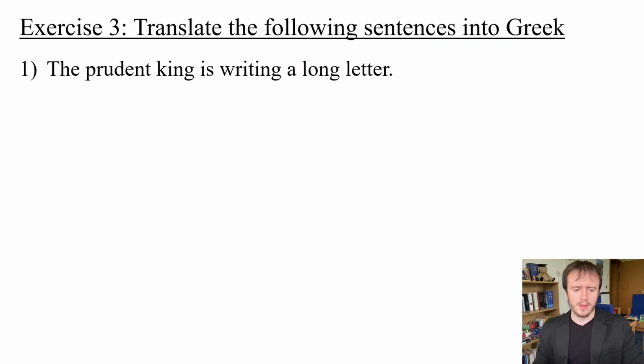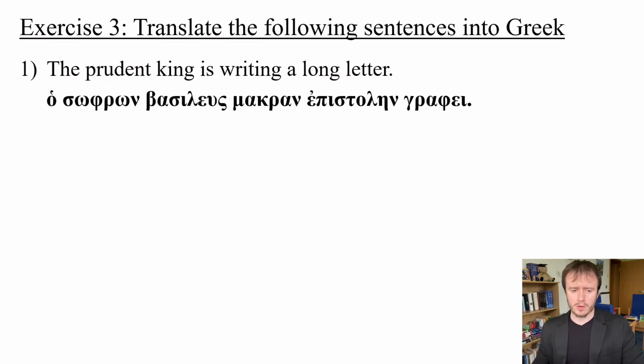Okay, the first one is, the prudent king is writing a long letter. Here, you could have said, ho sophron basileus makran epistolen graphei. I say you could have said this because the word order doesn't matter too much. Word order is very flexible in Greek.